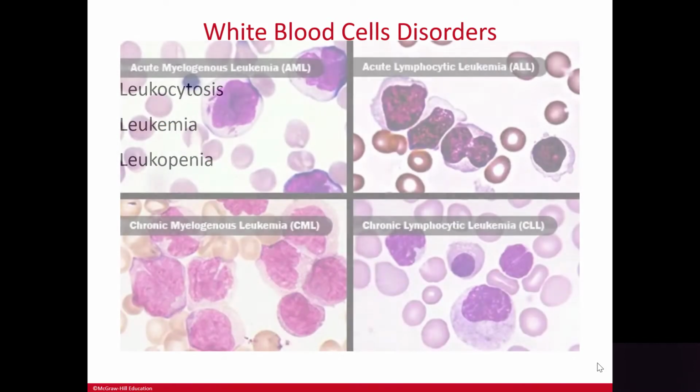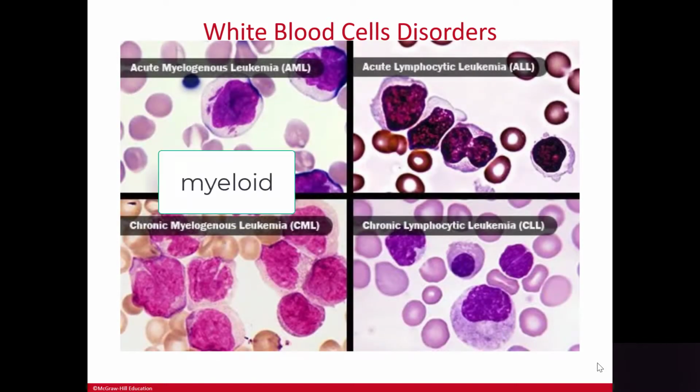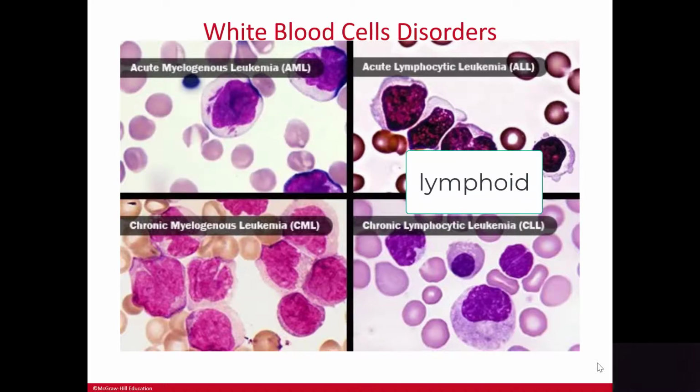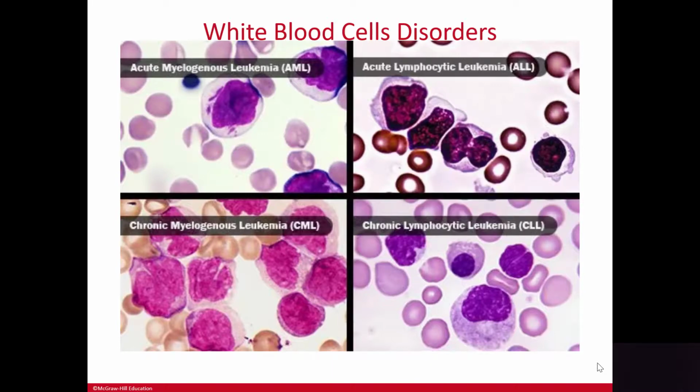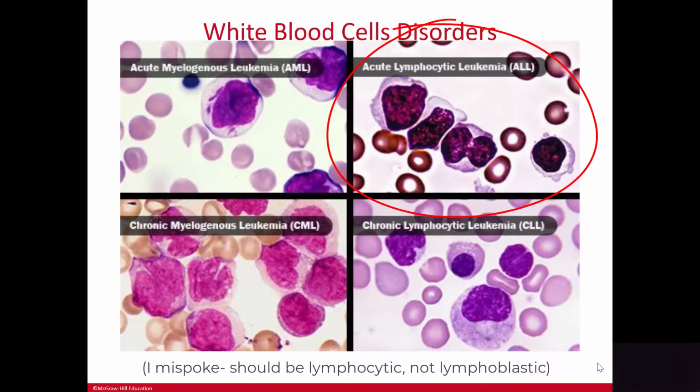There are several types of leukemia. Myeloid leukemia is characterized by an uncontrolled production of granulocytes. Lymphoid or lymphocytic leukemia involves the uncontrolled production of lymphocytes. The most common form of childhood cancer is acute lymphoblastic leukemia, or ALL, which is curable with chemotherapy, bone marrow, and stem cell transplants.